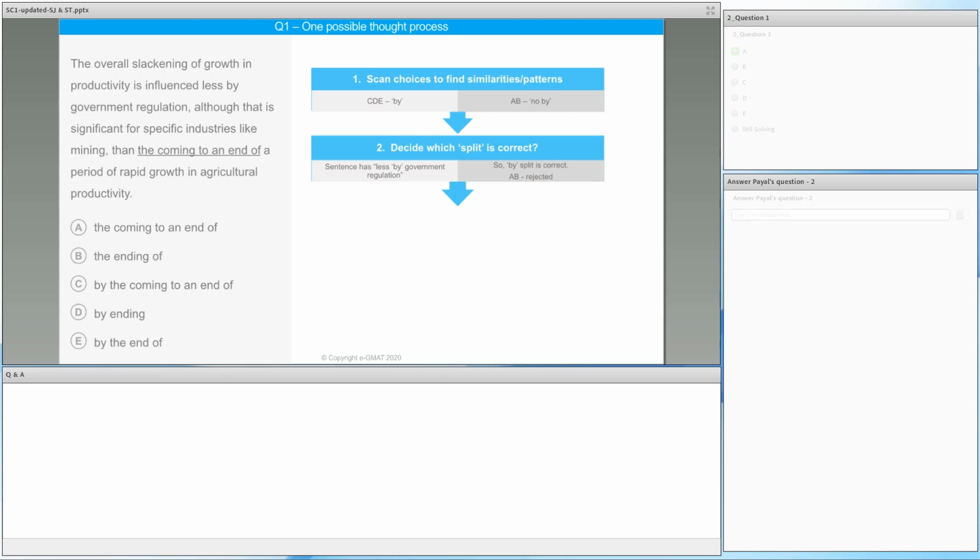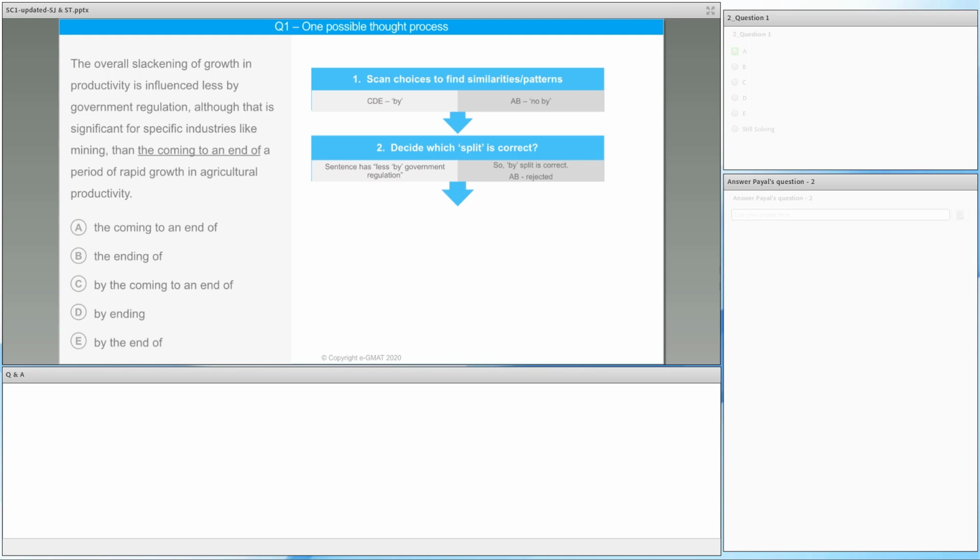So one very popular thought process is using this splits method. It's what I call the fast food approach. We read through the question very quickly, and then we scan the answer choices looking for patterns or similarities.